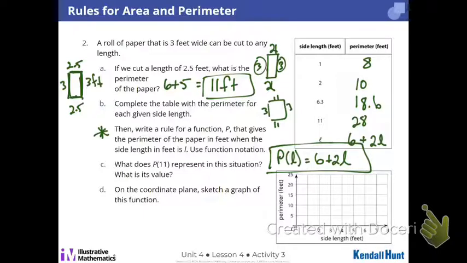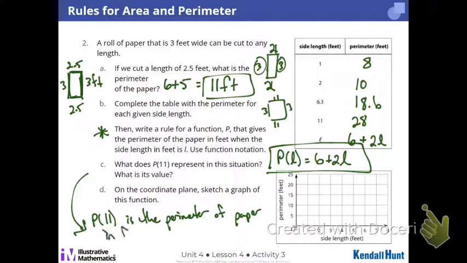Looking at C, just so there's more room, I'm going to write it down here. What does P of 11 mean? Well, P of 11 is the perimeter of paper in feet when the paper is cut a length of 11 feet.